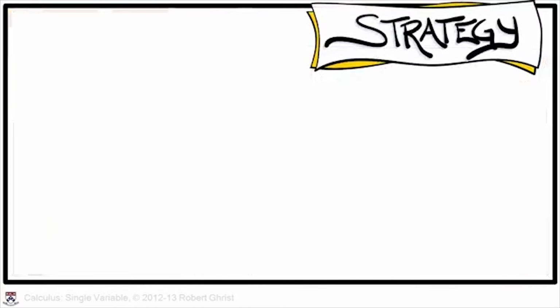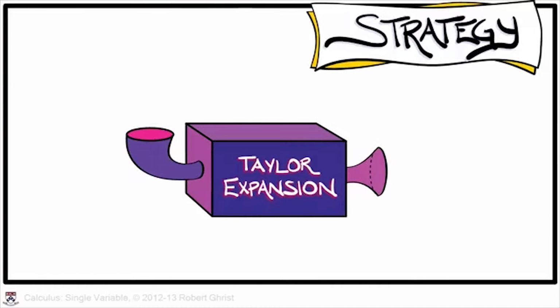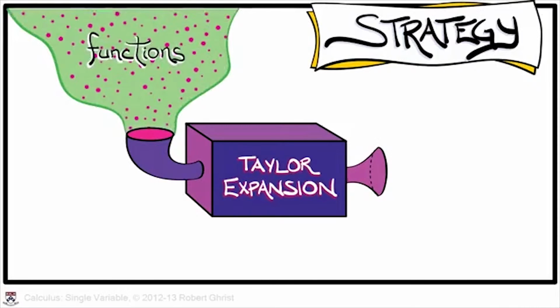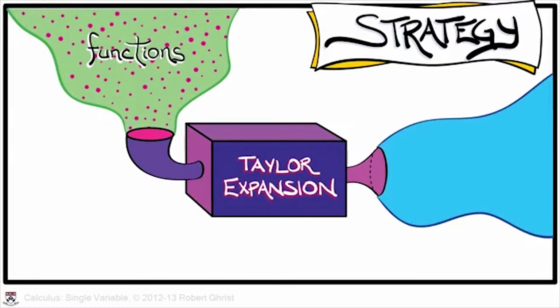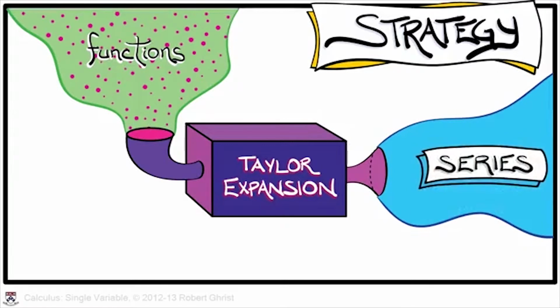Our strategy, therefore, for working with functions is to think of Taylor expansion not as a function itself, but as something like an operator, as something that takes as its input a function and returns as its output something that is in the form of a long polynomial, or better, a series.